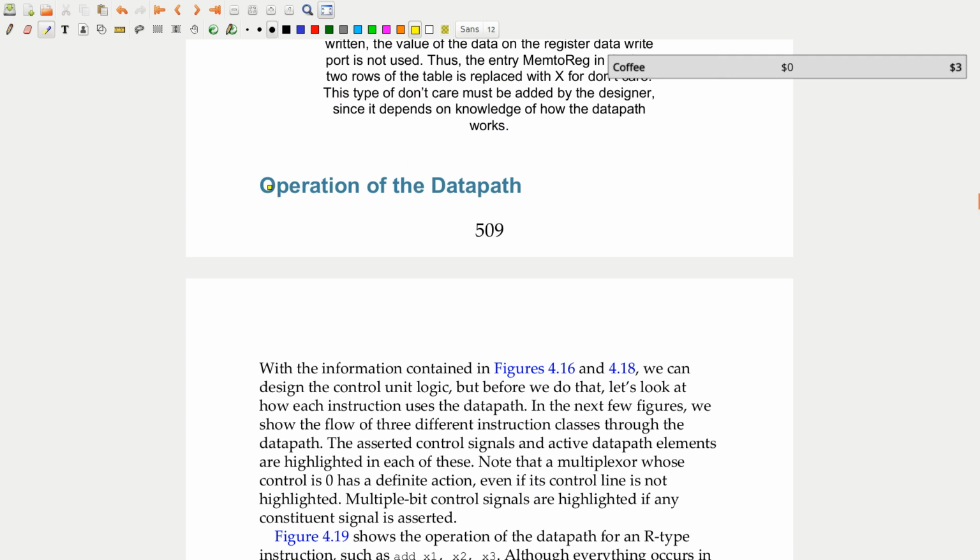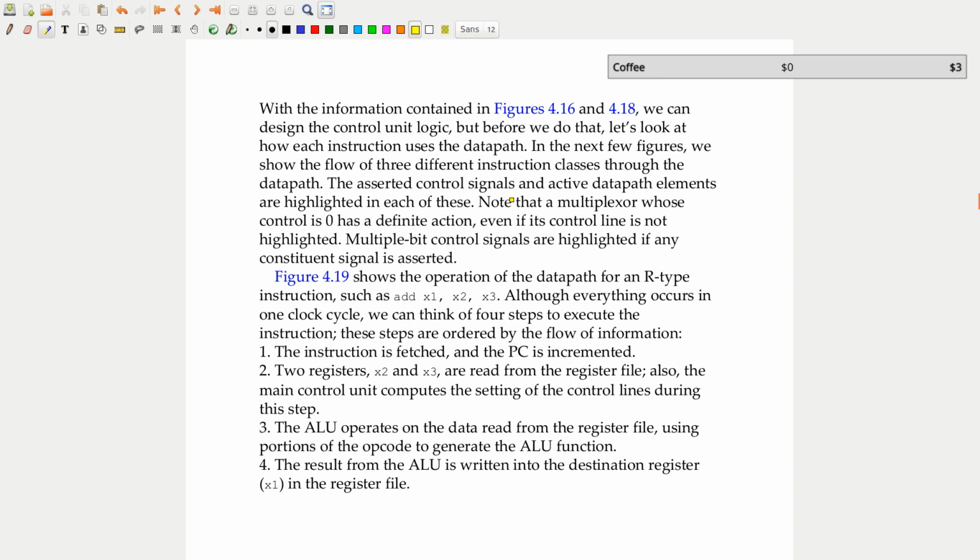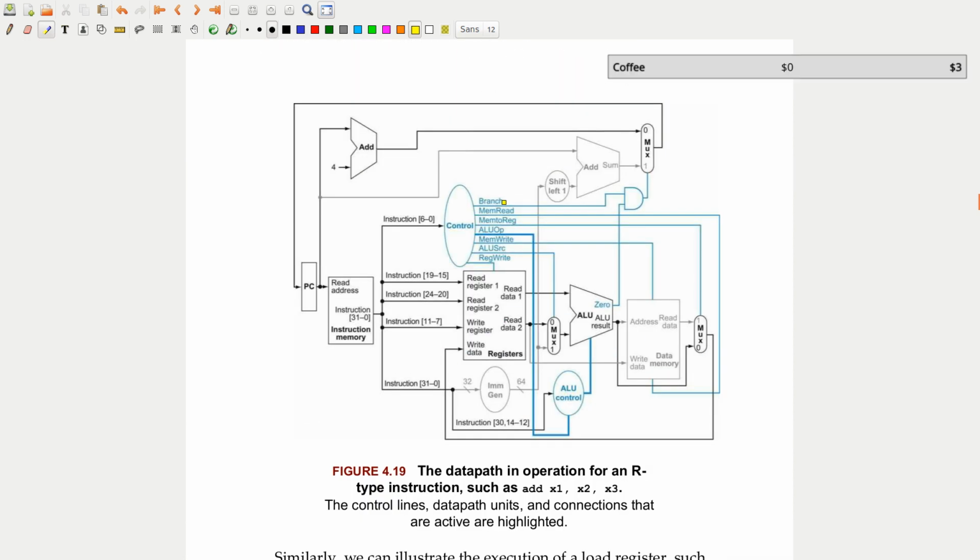Now let's look at operation of the data path. So with the information contained in figure 4.16 and 4.18, we can design the control unit logic. But before we do that, let's look at how each instruction uses the data path. So this is for something like a regular add instruction.